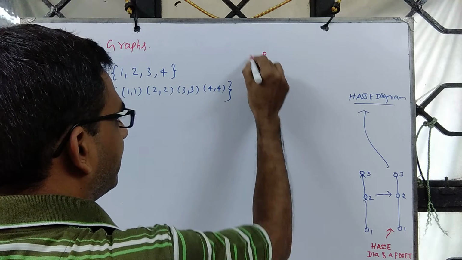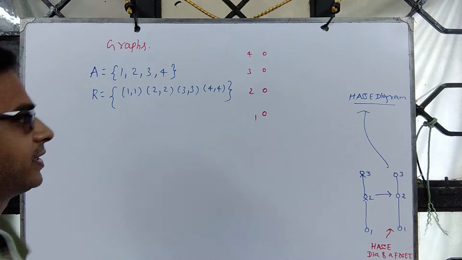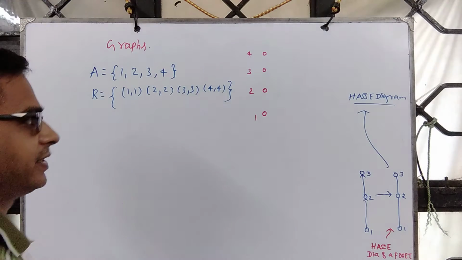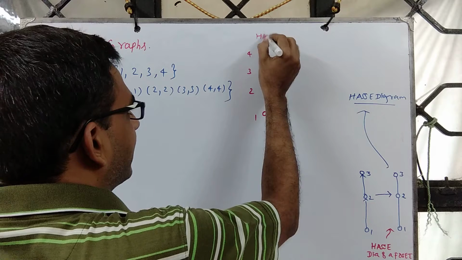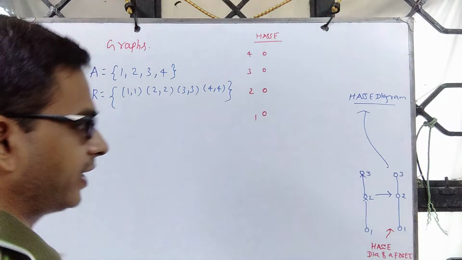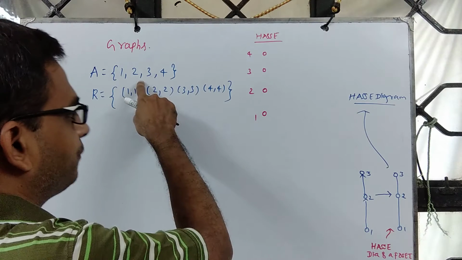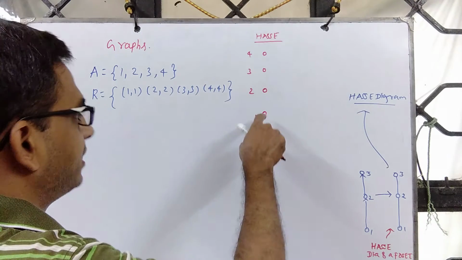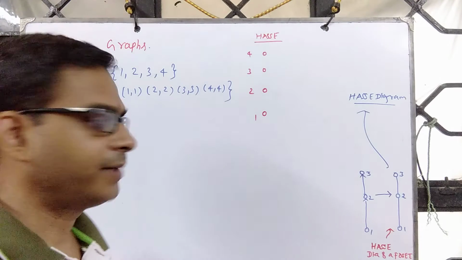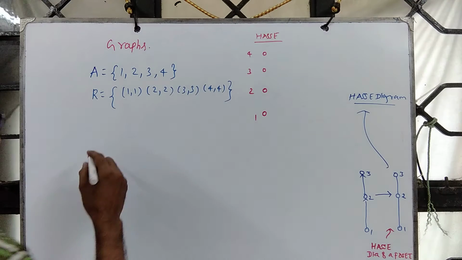Since we are dropping reflexive arcs and transitive arcs, this is precisely my Hasse diagram. You see that you can arrange the vertices of A in a linear fashion if the underlying R is a poset or a partial order relation.